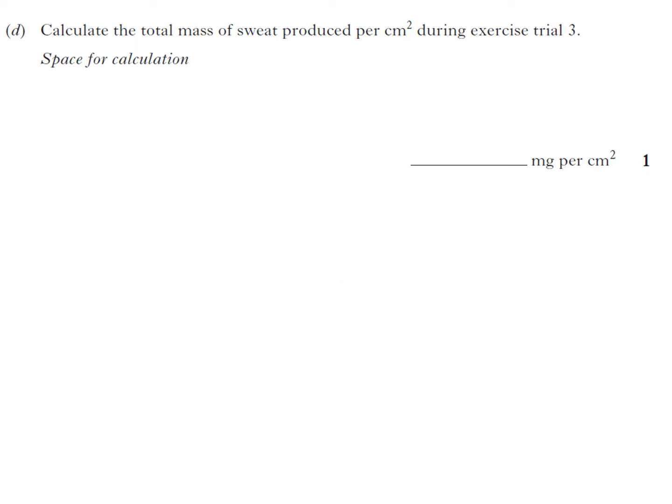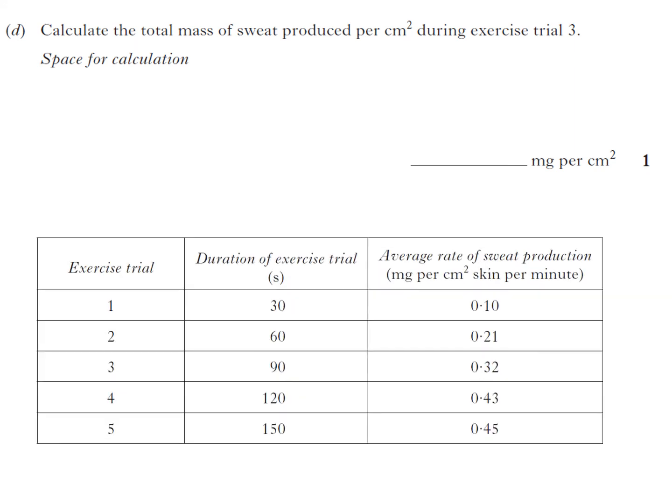Calculate the total mass of sweat produced per centimetre squared during exercise trial 3. Here we have our exercise trials and exercise trial 3. Let's just bring that one up. Here we go. So exercise trial 3 ran for 90 seconds and produced 0.32 milligrams per centimetre squared of skin per minute.